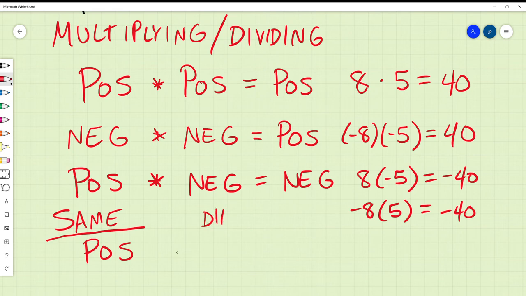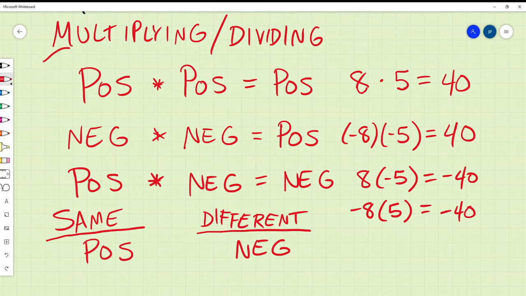And if our signs are different, we've got one is positive and one is negative, doesn't matter which one is which, as long as we have one that's positive and the other is negative, then our answer is going to be a negative. Okay, so just remembering that rule is going to give you the right answer each time, anytime you are, again, multiplying or dividing positive and negative numbers.